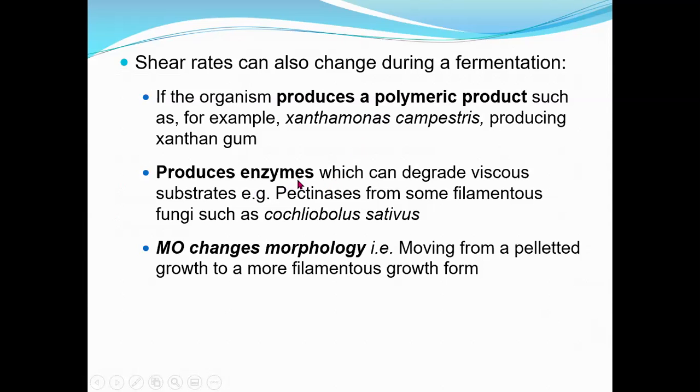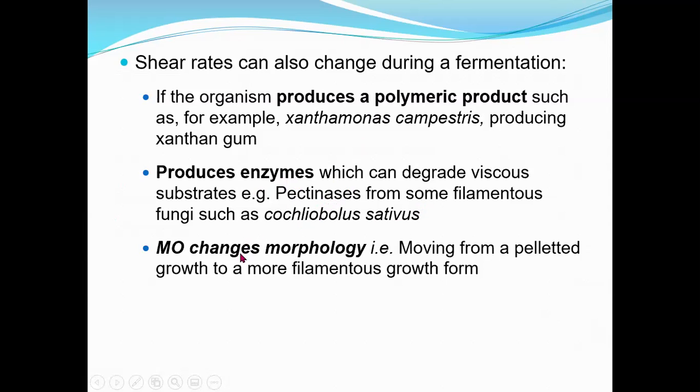Then, for example, it produces some enzymes. Here it is the filamentous fungus Cochliobolus sativus, which degrades the viscous substrate, producing enzymes like pectinases.